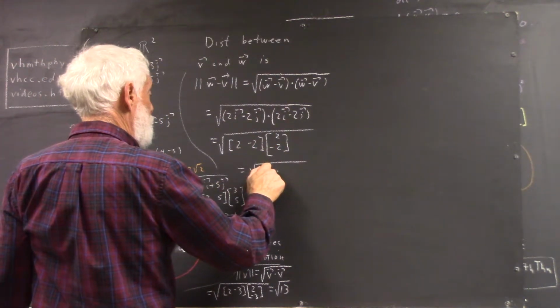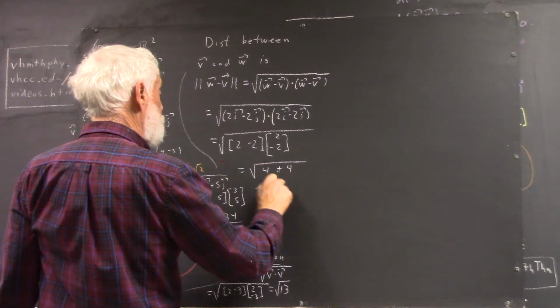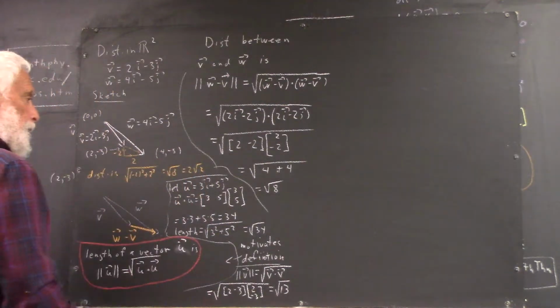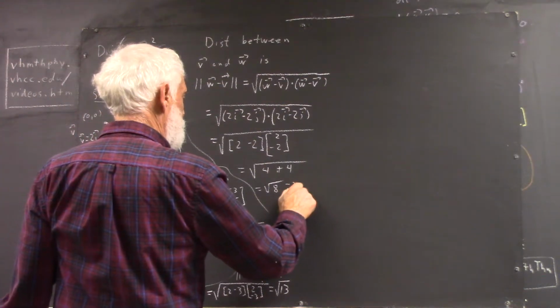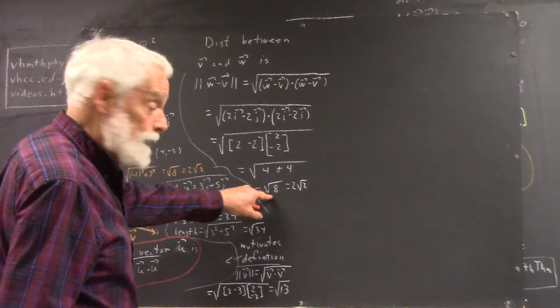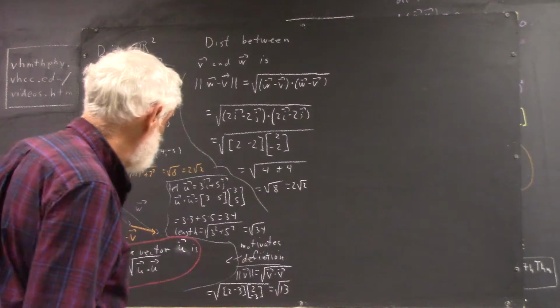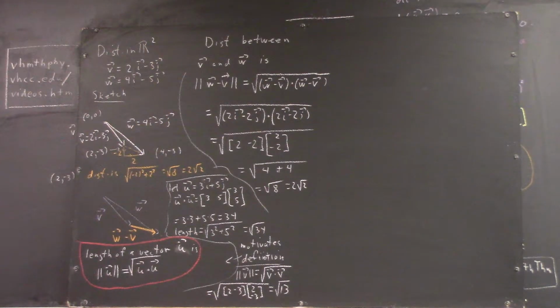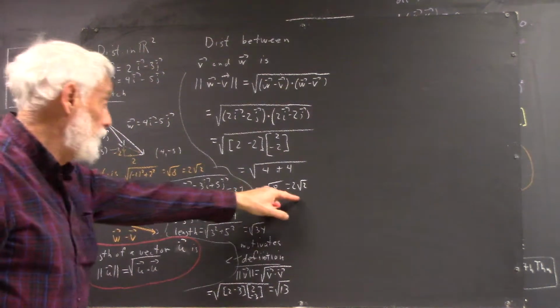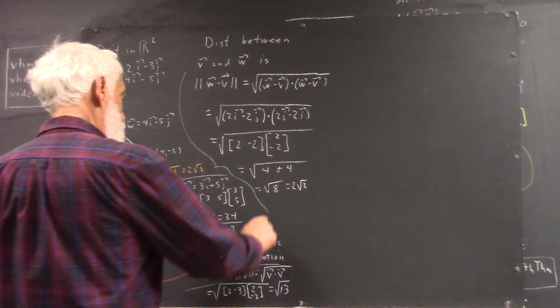So I'll say square root of 4 plus 4, which is the square root of 8, which is what we got here. And of course, that's equal to 2 square root of 2, and it's important to do that simplification. Anytime you have a square root, you factor out all squares. Okay? There. So we have it, and this agrees with the Pythagorean theorem.